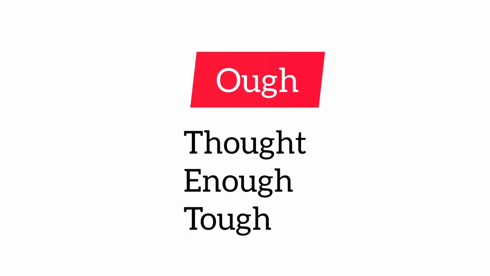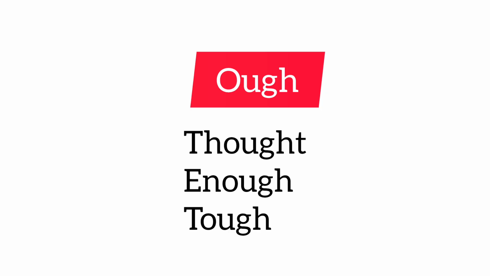Now let me give you a few examples. What are the most commonly used Quadgraphs? And let me give you some words which have a Quadgraph in them. So this is our first Quadgraph, which has 3 different sounds: O, and OF. So here let's read thought, enough, tough.